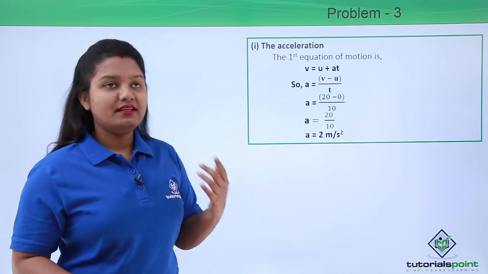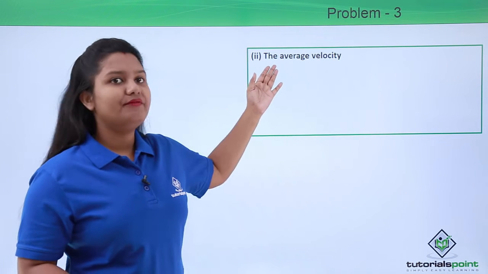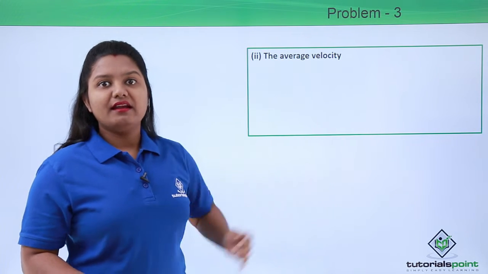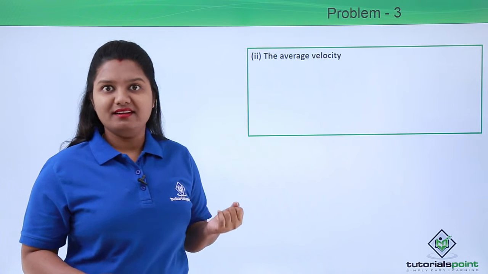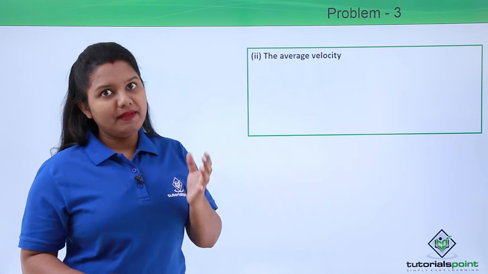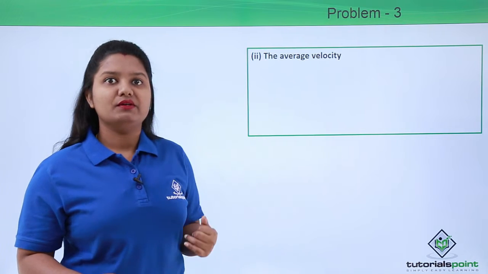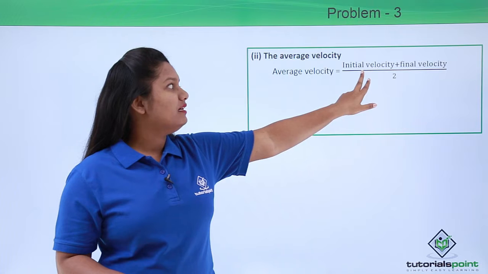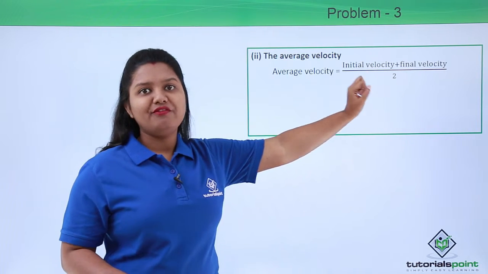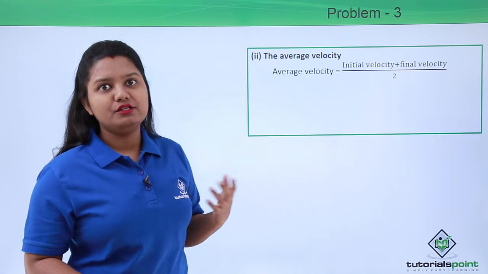The second thing that we need to find out is the average velocity. Now we recall that the expression for average velocity was the arithmetic mean of the initial and final velocity. So here the average velocity will be initial velocity plus final velocity divided by 2.